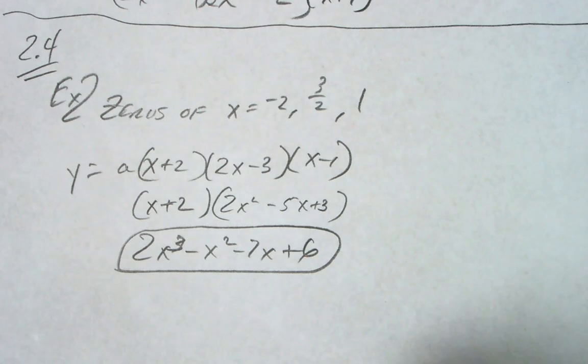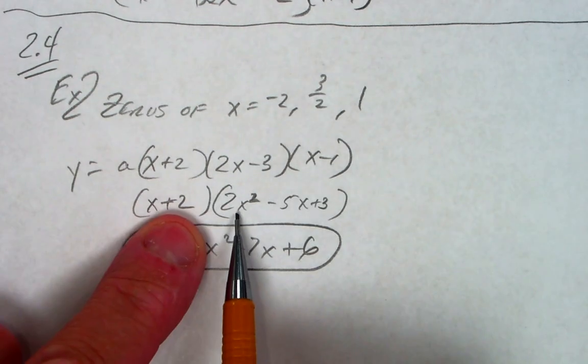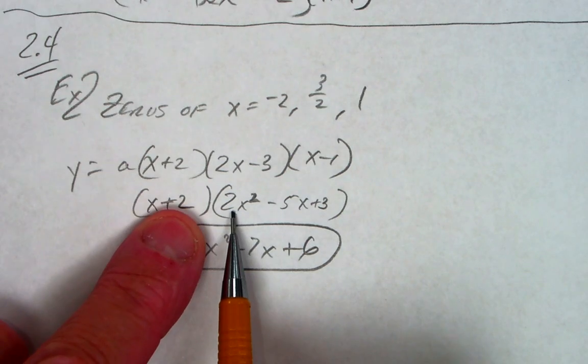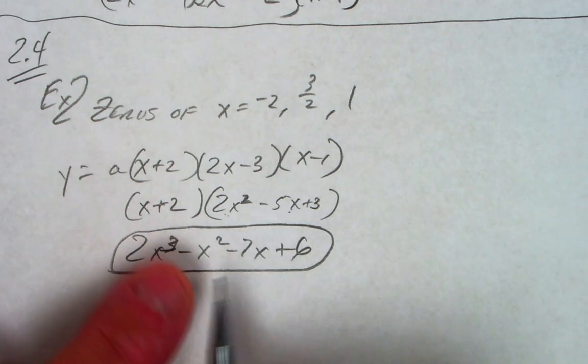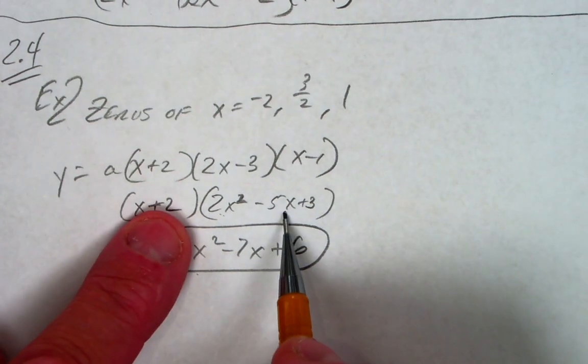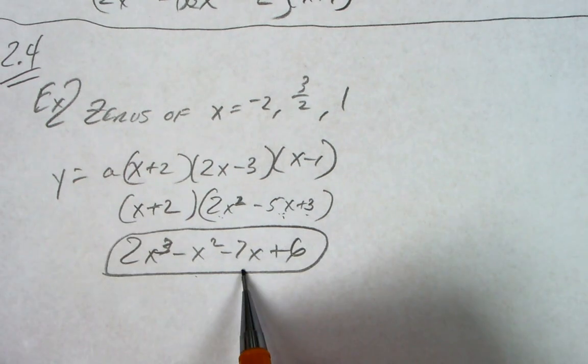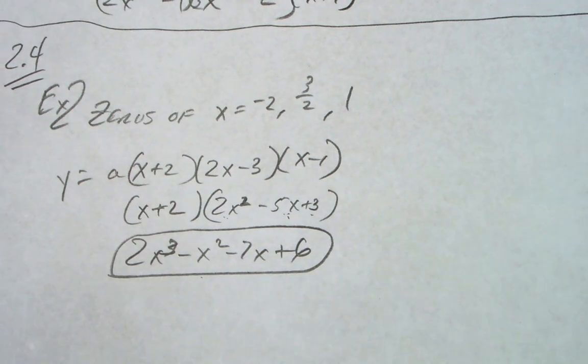I usually probably write it out, but I'm just trying to save some time. We got 4x squared, and a negative 5x squared gives me a negative 1x squared. And here we have a 10x, negative 10x, and a 3x gives me 7x, negative 7x. Okay, so that is an equation that has those three roots.